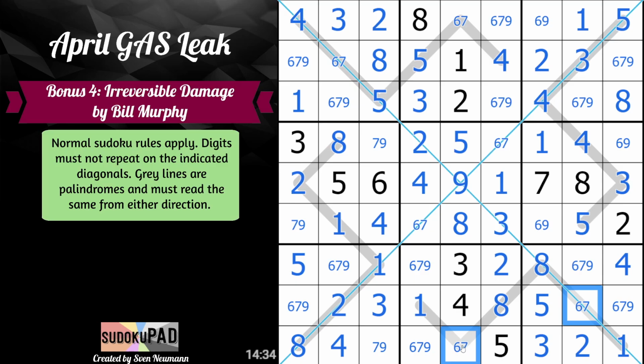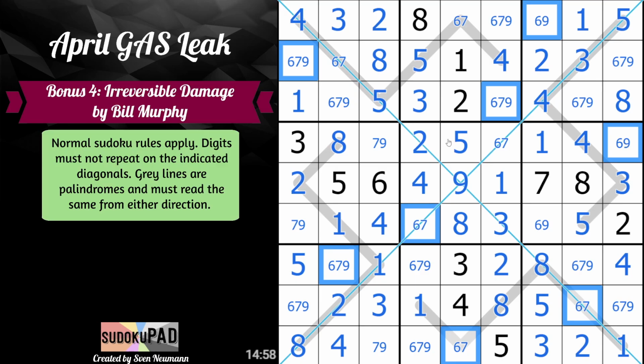Maybe it's like if this is 6, what happens to the rest of the puzzle? If this is 6, then this is 6, which means this is 6, which is fine because this needs to be 7 anyways. That means this is 6, and this is 6. And this is 6, and that looks fine.